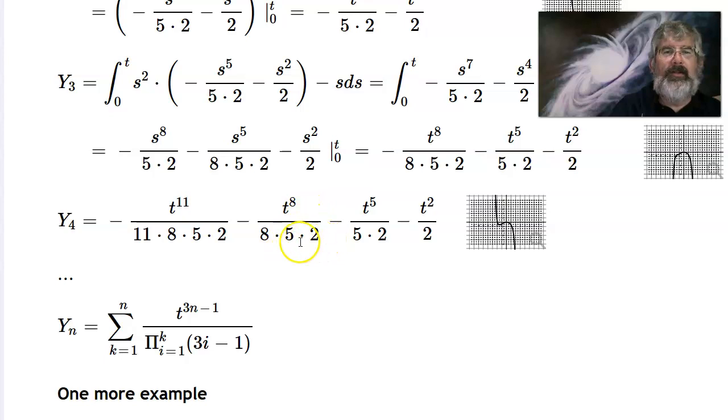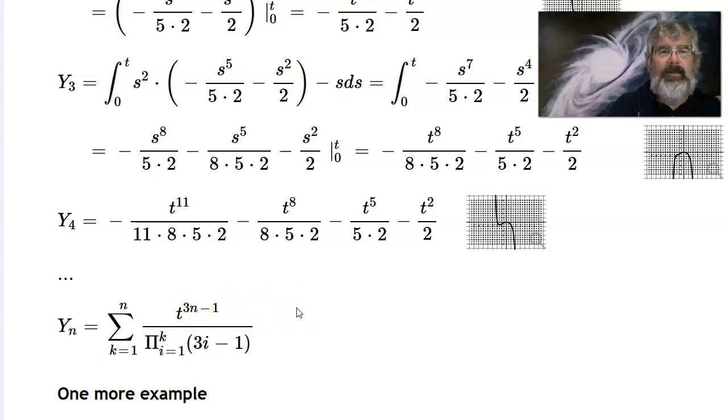So this is the product of things of the form 3i minus 1, where i goes from 1 to k, and k is running from 1 to n. And these exponents here are always of the form 3n minus 1, right? So for instance, I'm showing here up to t to the 11th, but that's with 4 terms. So with n equals 4, this gives you 12 minus 1 is 11. Okay.